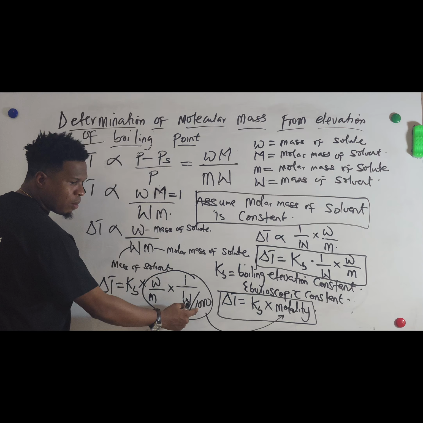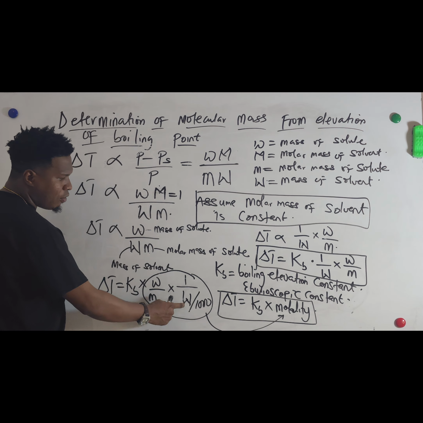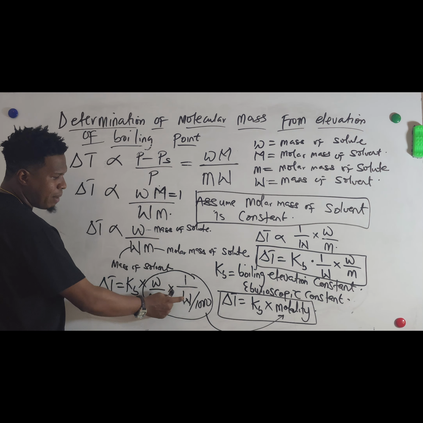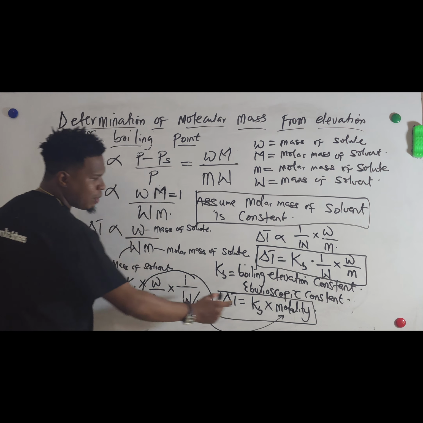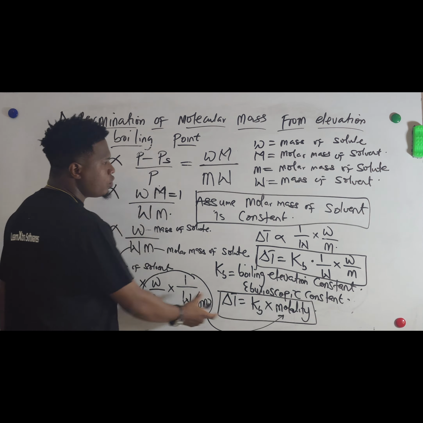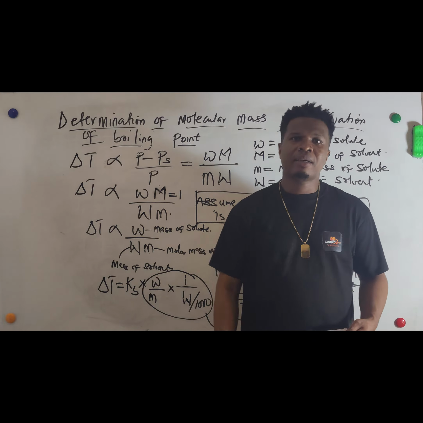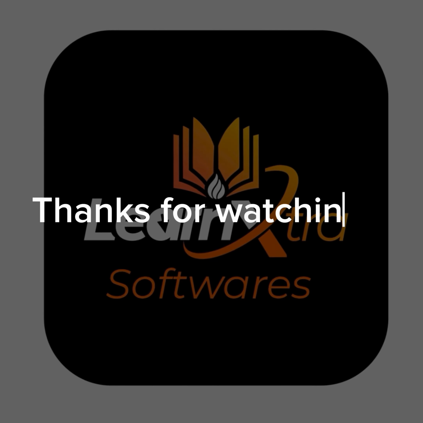Why are we dividing by 1000? We are dividing by 1000 because we are converting this mass to kilogram, and automatically what we have here is what? Molality. So we are going to use this equation to solve a problem so you understand it better.